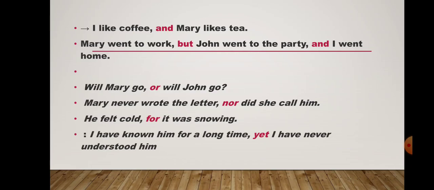According to the structure, we divide sentences into three kinds. First is simple sentences. It has a subject and predicate and only one independent clause that conveys complete sense. Second is complex sentences.